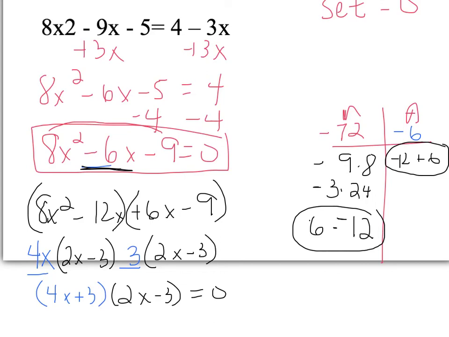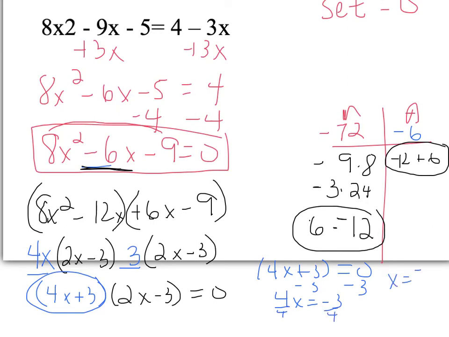Right over here, 4x plus 3 is equal to 0, this one right here, and then I'm going to solve. So I have 4x is equal to negative 3, divide by 4, and x is equal to negative 3/4.